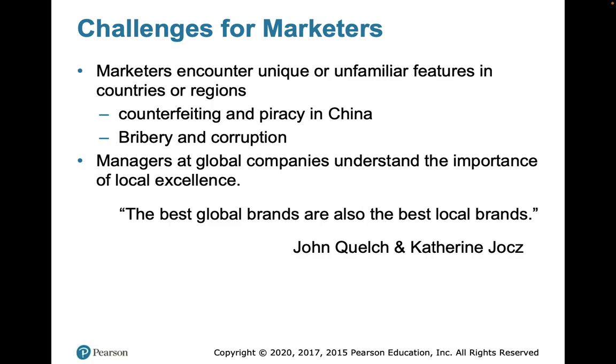Then another point to look at in challenges of the market is that managers at global companies understand the importance of local excellence. This is one of the challenges. Sometimes these managers do not really have global experience, because when you enter a new country or region, there's most times even a requirement for you to recruit managers within the country or region.